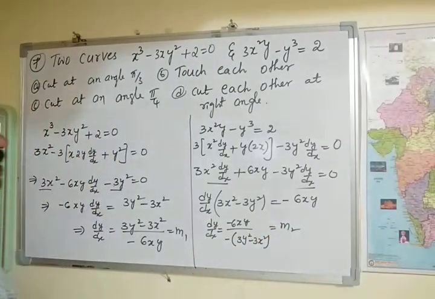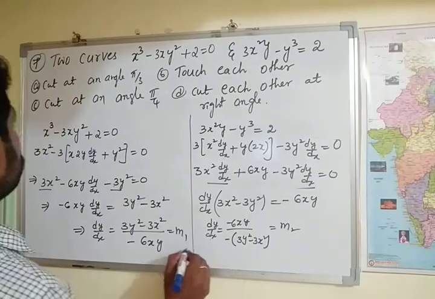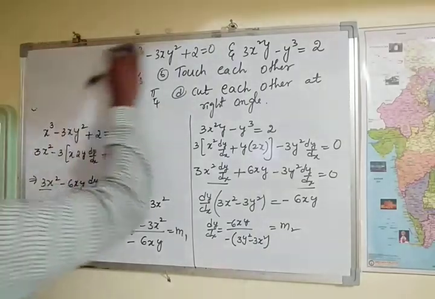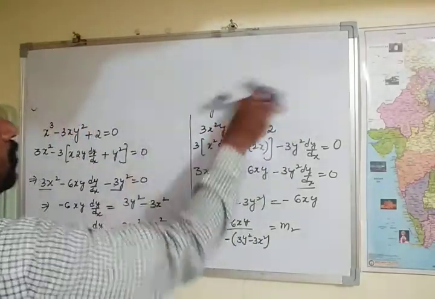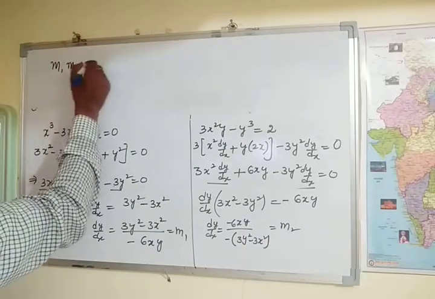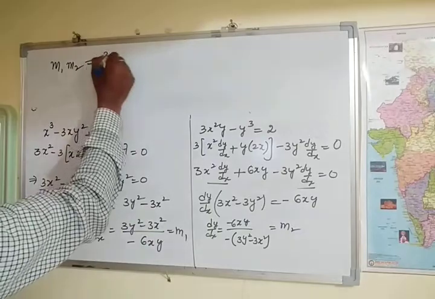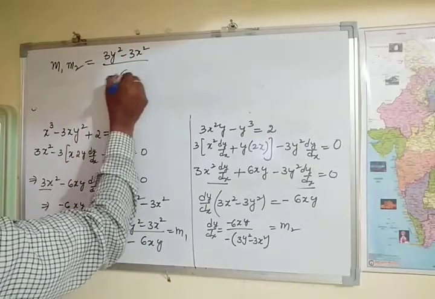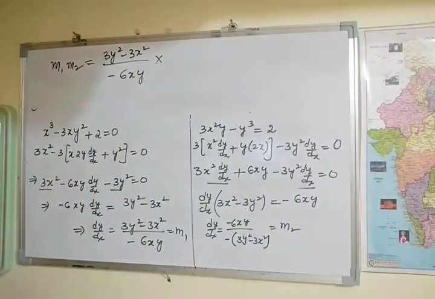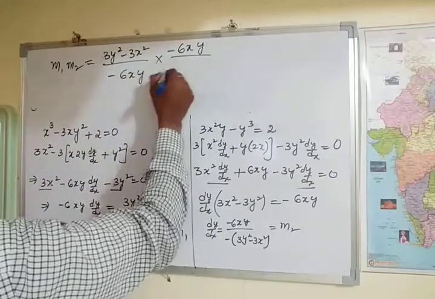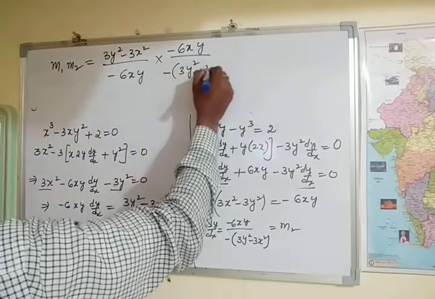See here, m1 into m2. m1 m2 is equals to m1 value, 3y square minus 3x square divided by minus 6xy, into minus 6xy divided by minus of 3y square minus 3x square.